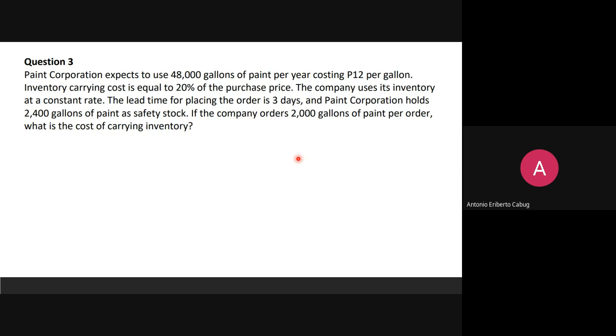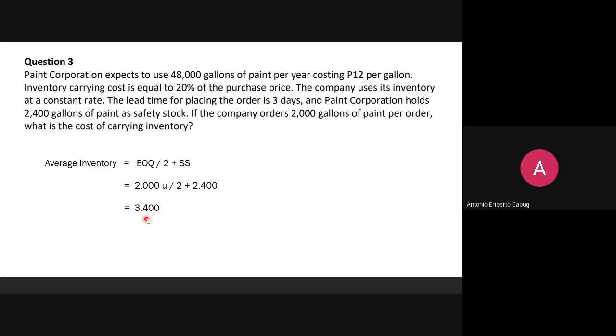Okay, hindi nyo kailangan i-calculate yung EOQ dito. No need to calculate the EOQ here. You may go directly to the average inventory. EOQ is given 2,000 gallons per order. 2,000 over 2 is 1,000 plus 2,400 is 3,400. Average inventory is 3,400.